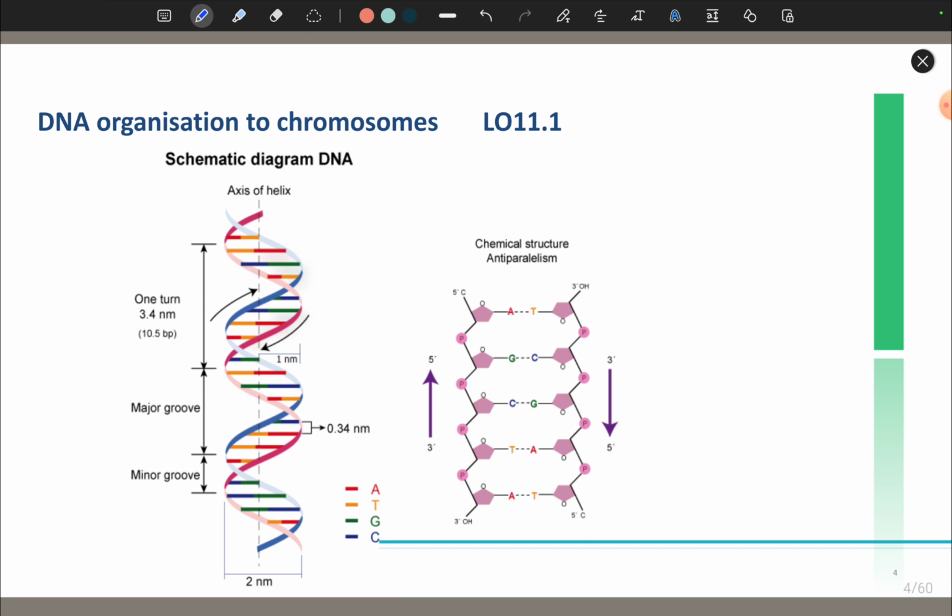This is a molecular structure, we call it the double helix DNA. So we have different dimensions. Here we have the dimension between the two DNA strands which run anti-parallel. It's around 2 nanometers. They run in a helix from the bottom to the top, to the right side, and they make different topographical features.